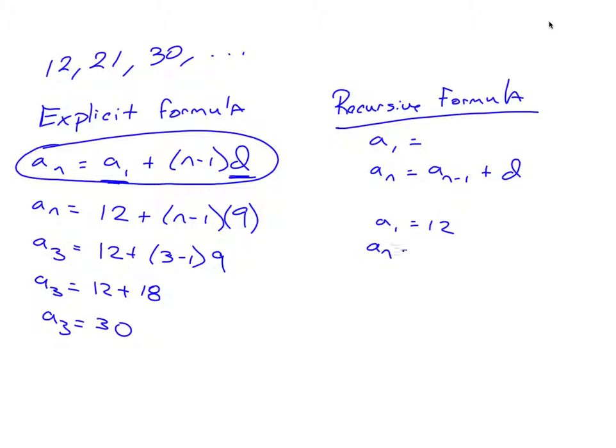And then a sub n equals a sub n minus 1 plus 9. So this would be the recursive formula for our arithmetic sequence: a sub n equals a sub n minus 1 plus 9.